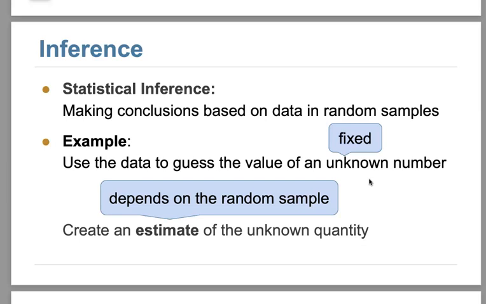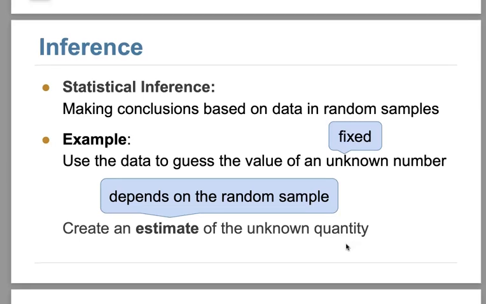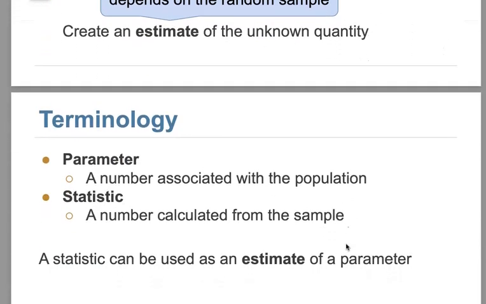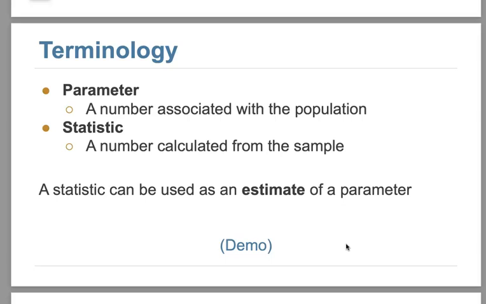Since we can't get the real value from our population, we create an estimation for the unknown quantity, which depends on the random sample data. We can get the average from the random sample, and that is an estimation for the unknown quantity. To be more specific, I should introduce the terminology.